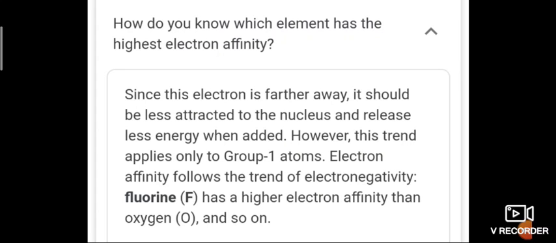So this explanation shows which element has more electronegativity and more electron affinity.